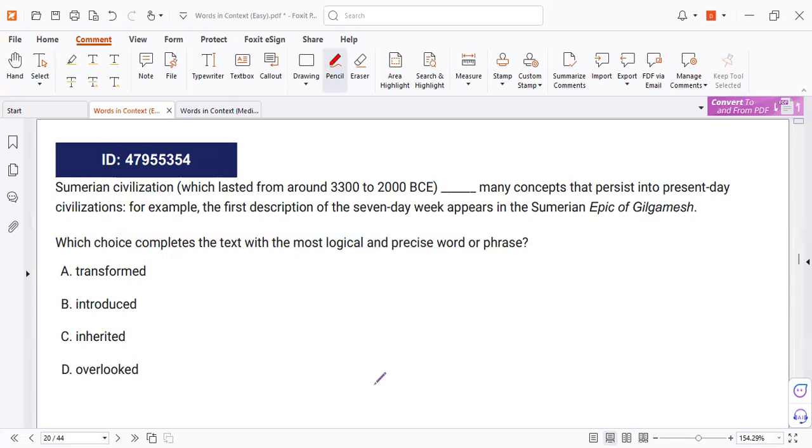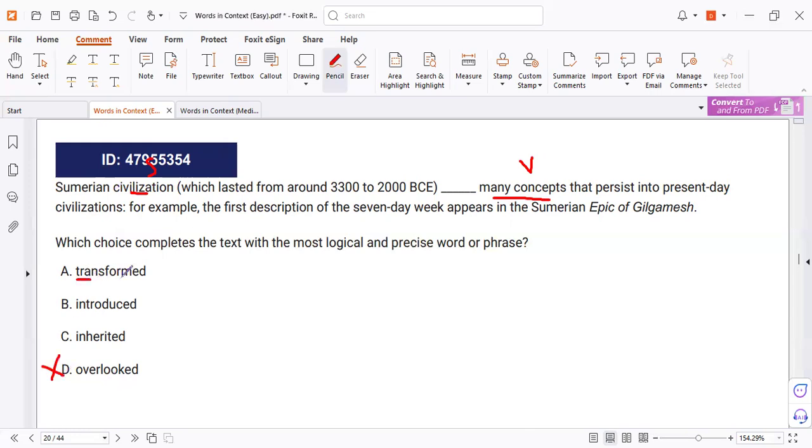Letter C, no. How about inherited? This is a verb. Find the subject. It's about finding subject-verb agreement. Civilization is the subject. Civilization did what to the concept? Inherited? Oh, no. Overlooked, ignored. So here ignored is wrong.